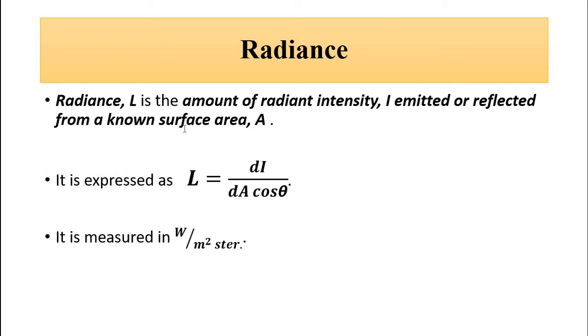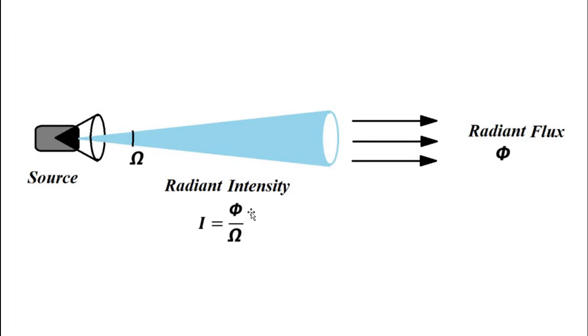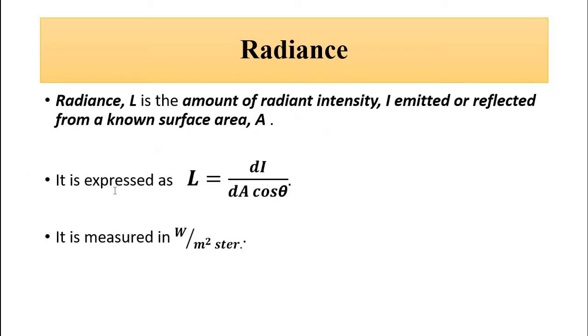Another way is radiant intensity reflected from a known surface area. Why? Because radiant intensity, we know, takes into account the solid angle. So when you say radiant intensity reflected from a known surface area, there is no need to mention the unit solid angle. But when you are only speaking about radiant flux, then you have to take this solid angle into consideration.